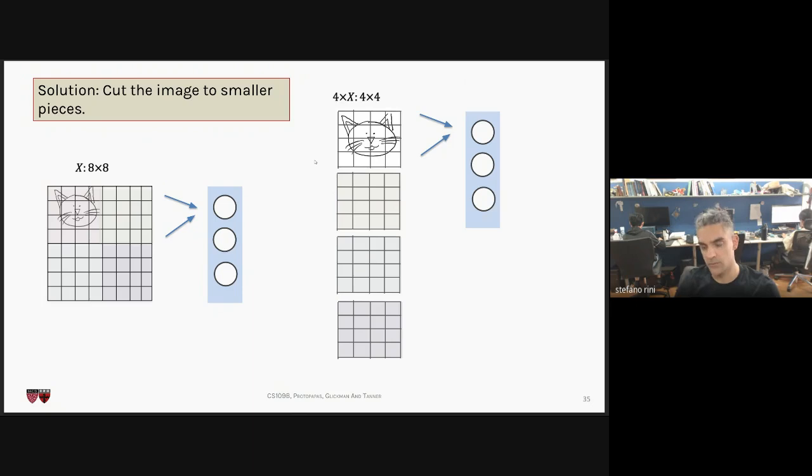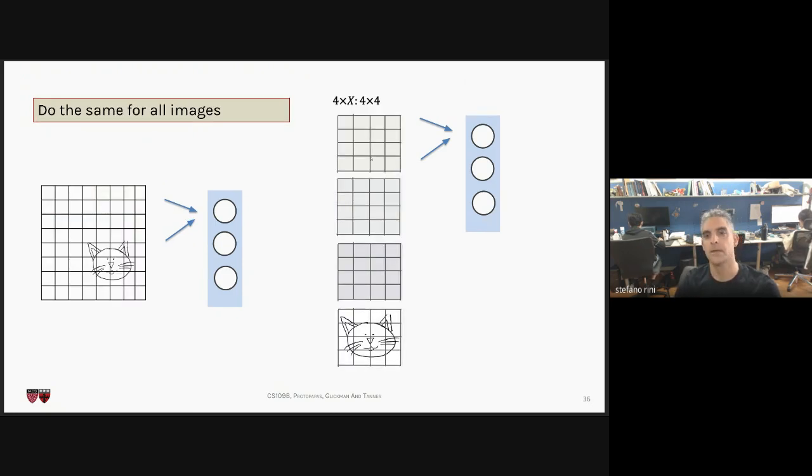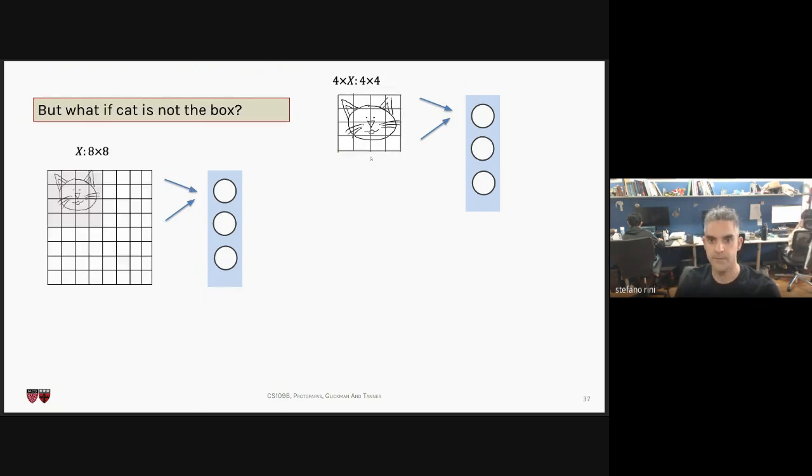So we're going to scan 4x4 pixels at a time, and for each of the different positions, we're going to do a certain operation we're going to see next, and then move our kernel around, so that for each of the possible positions of the kernel we have an output of the filter. This guarantees that no matter where a certain set of features occurs in the image, we're going to be able to scan it.